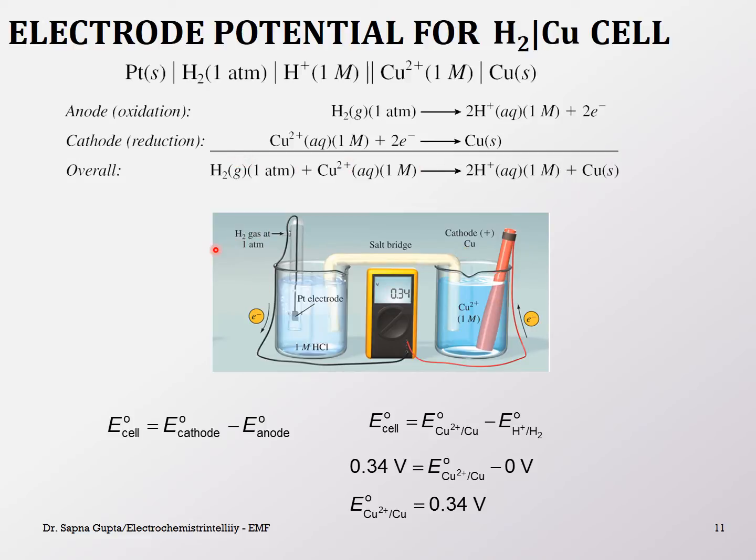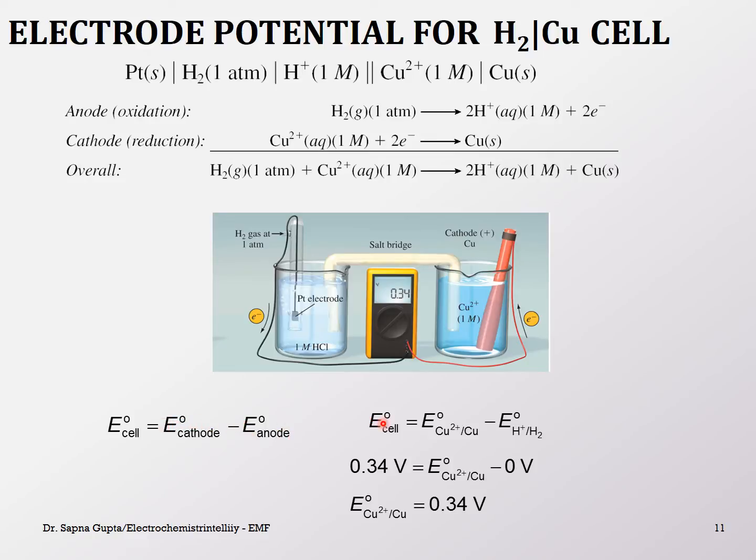And here's the electrochemical cell, where you have the hydrogen gas now on the left hand side because it's the anode, and the copper is on the right hand side. So the electrical current generated now is 0.34. Again, your E cell is E cathode minus E anode, and all of this is standard condition.